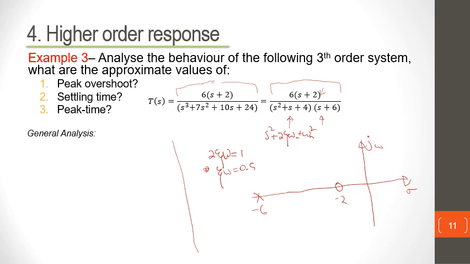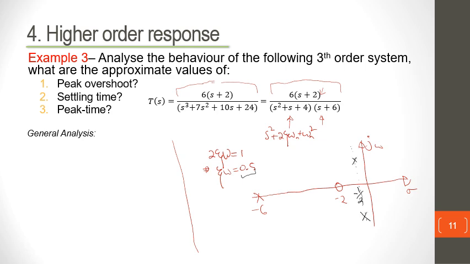And this value always gives us the distance from the imaginary axis of the conjugate pole pair. So we know that the conjugate pole pair will be located along this line, whereby we have minus half here. So the conjugate pole pair is going to be somewhere here.